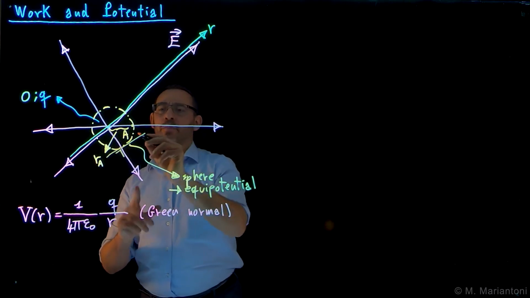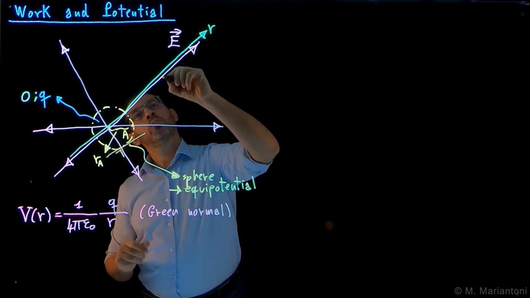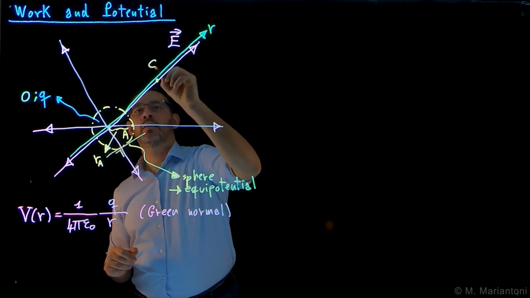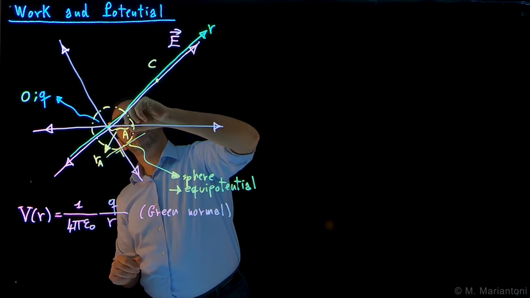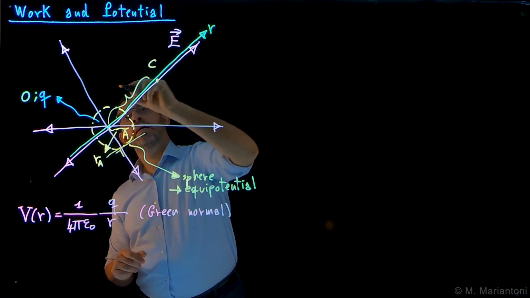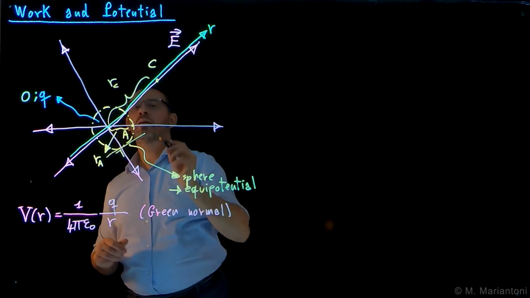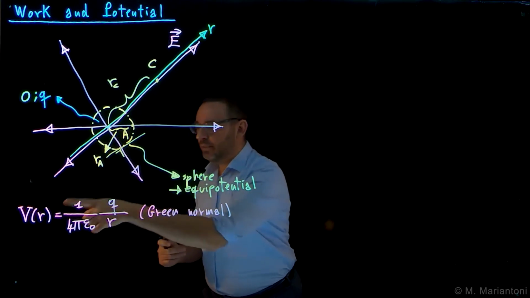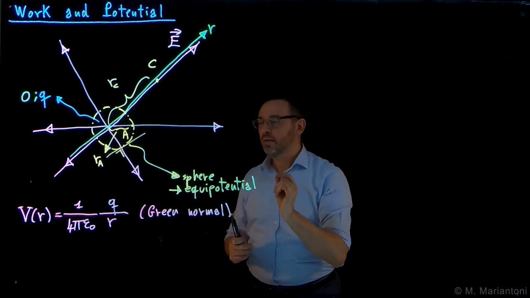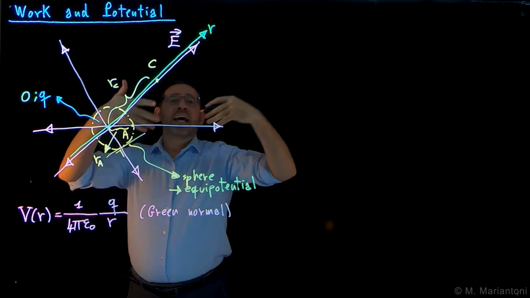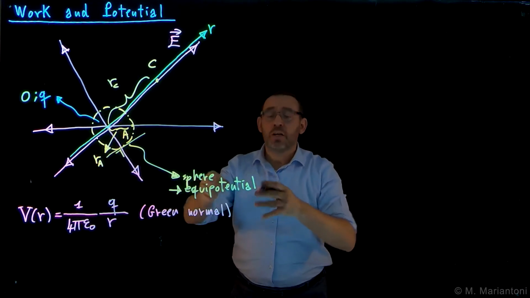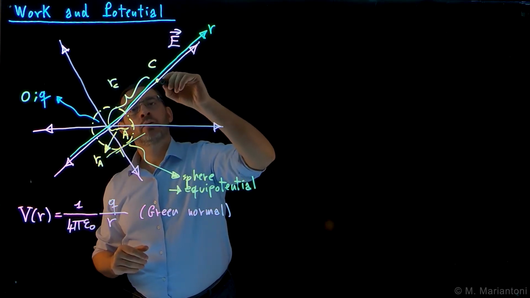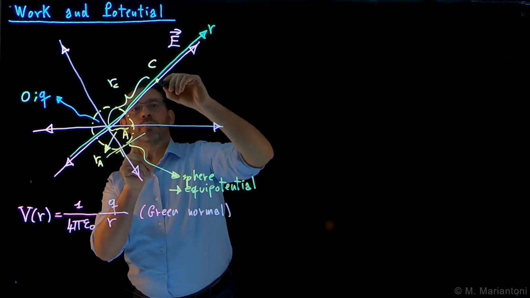Suppose to take another point somewhere here, and let us call this point capital C. In this case, this distance is RC. So if I fix this electrostatic potential at RC, it's also constant, and will identify another sphere, another equipotential surface with a different value, concentric with the first one.